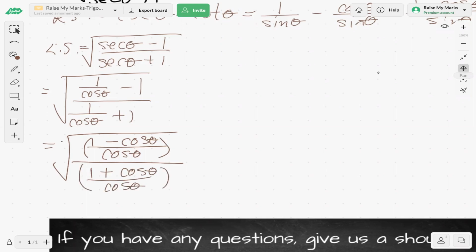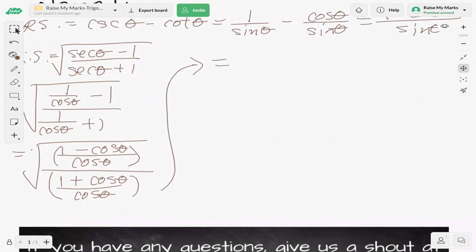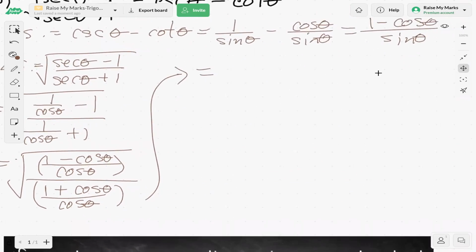Okay, I have to work a little hard on this side. So now we have our square root, and then we have 1 minus cos theta over cos theta.